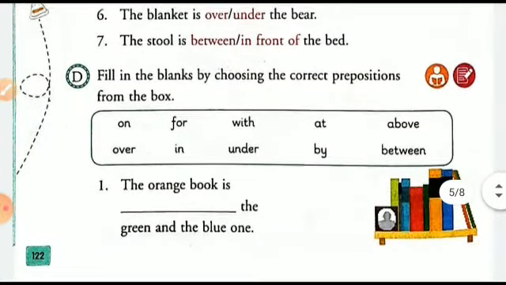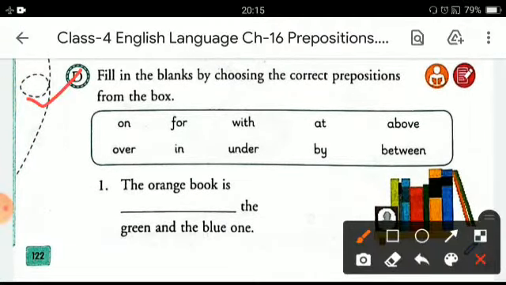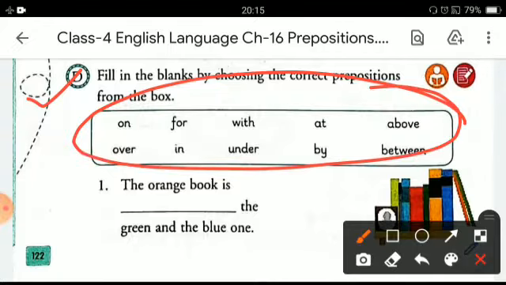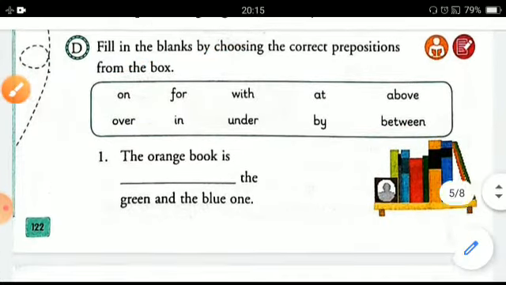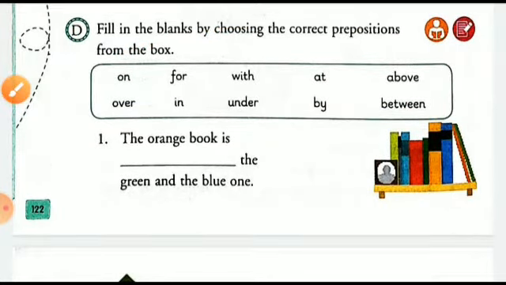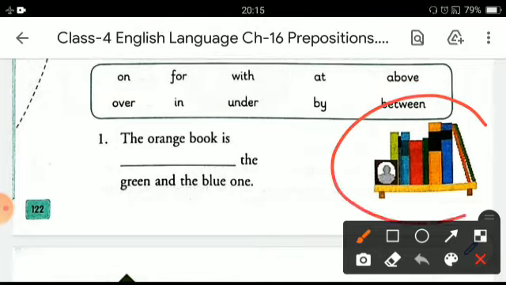Now it's time for the next exercise, that is D1. Fill in the blanks by choosing the correct prepositions from the box. The first one is, again you have to see the pictures. These exercises are also based on pictures only. You can see on the right hand side, the orange book is dash the green and blue one. So what is the position of the orange book? It is between.